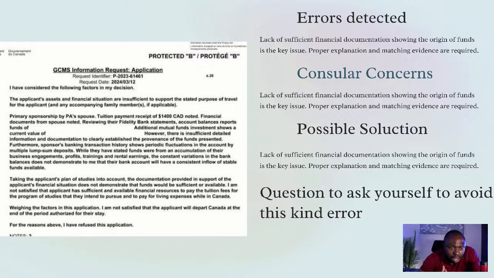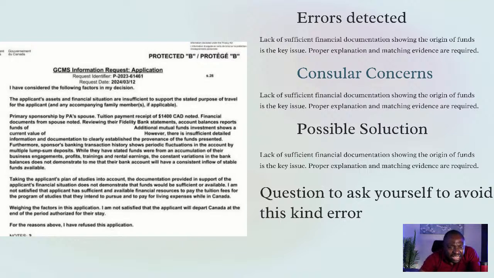Tuition payment receipt of 1,400 Canadian dollars noted. Financial documents from spouse noted. Reviewing their Fidelity Bank statement. Account balance reports a fund of XYZ. Additional mutual funds investments show current value of XYZ.